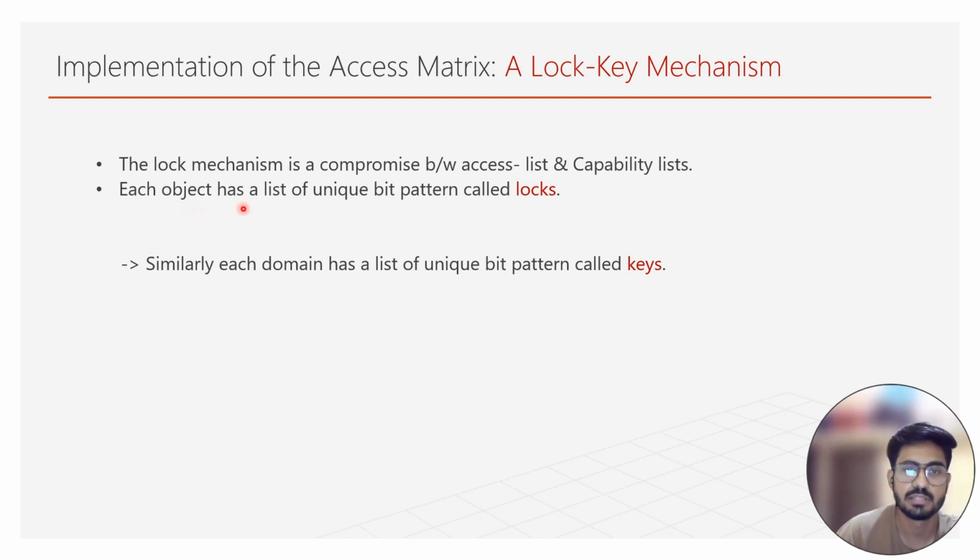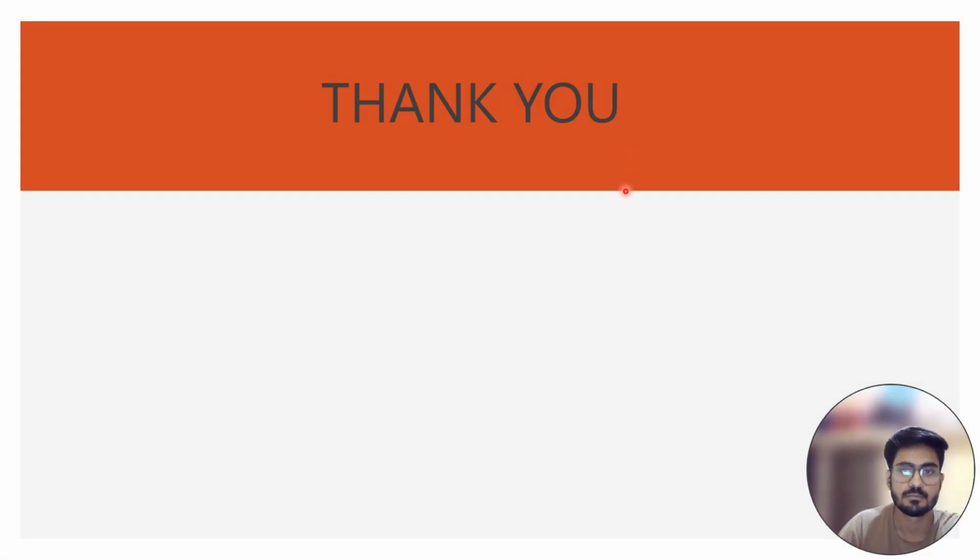Each object has a list of unique bit patterns called locks. This is the main part, and similarly each domain has a list of unique bit patterns called keys. That's why it is called the lock-key mechanism. This is all about the access matrix that I taught about. Thank you.